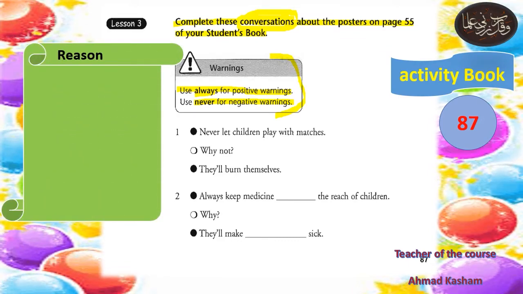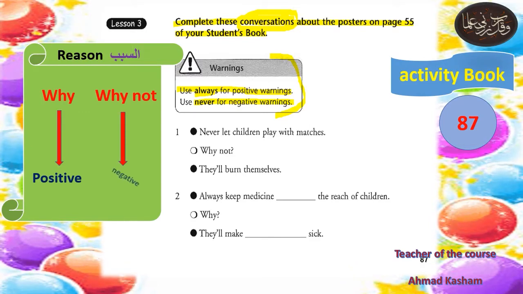Now, to ask about the reason, حتى نسأل عن السبب, we use why when we have positive warning, and we use why not when we have negative warning. Now, all what I need here is to fill in the blanks according to what I learned on page 55 in the student book. So let's start.